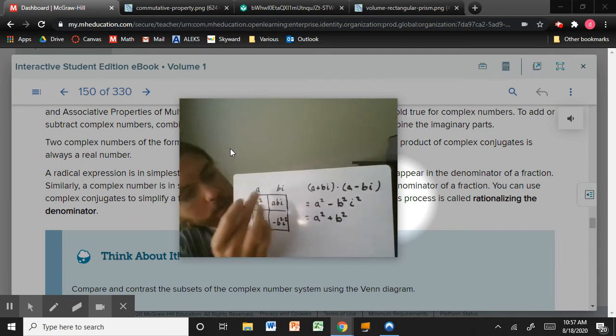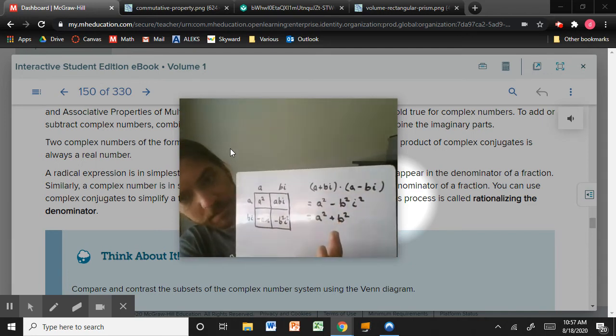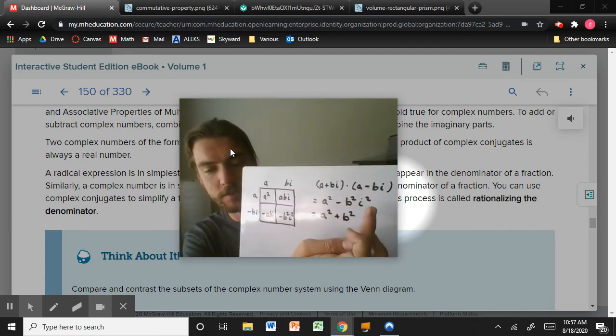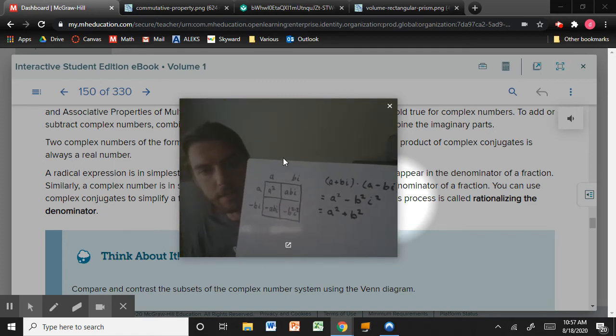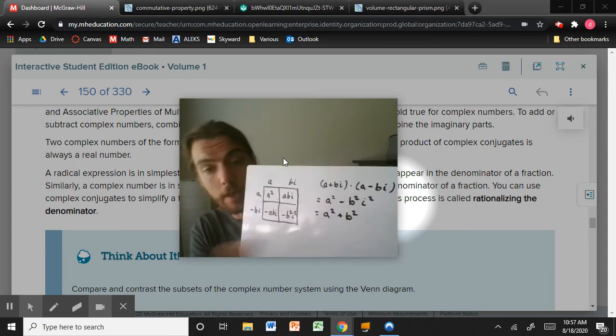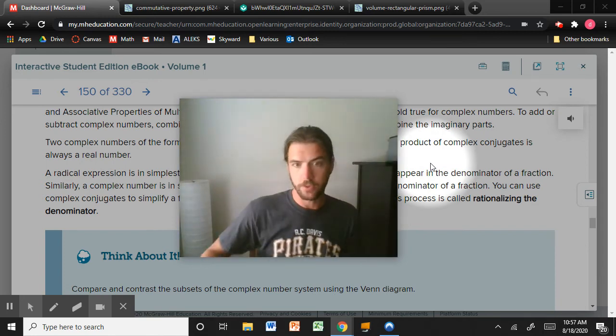So a plus bi times its complex conjugate, a minus bi, gives us a squared minus b squared i squared. The i squared is equal to -1, which turns that negative sign into a positive sign. So a squared and b squared, well, a and b are both real numbers, so when we add them together, we get a real number. These complex numbers multiplied by their complex conjugates give us real numbers.